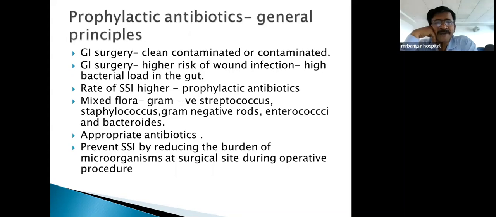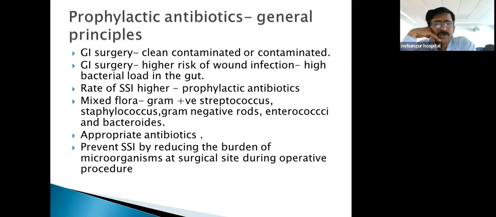What are the general principles for considering prophylactic antibiotics in GI surgery? GI surgery is either clean contaminated, when you have controlled leak of GI secretions during surgery, or contaminated, when you have uncontrolled contamination of the operative field.